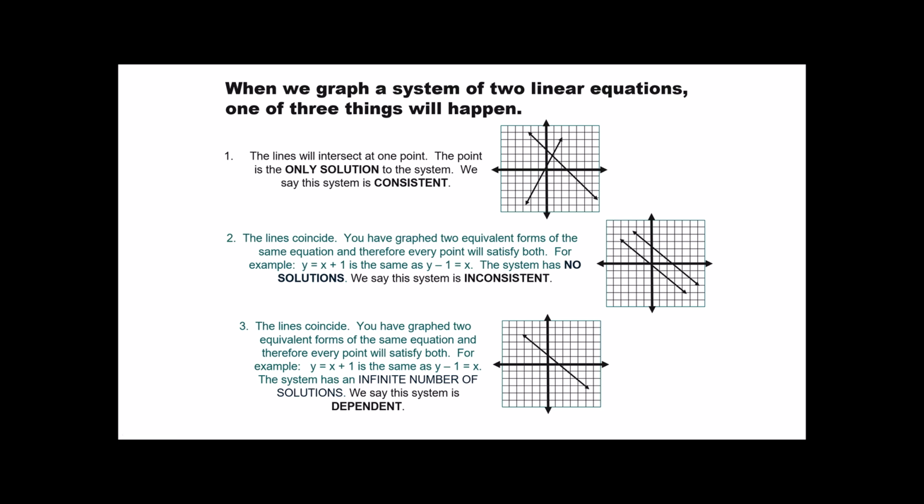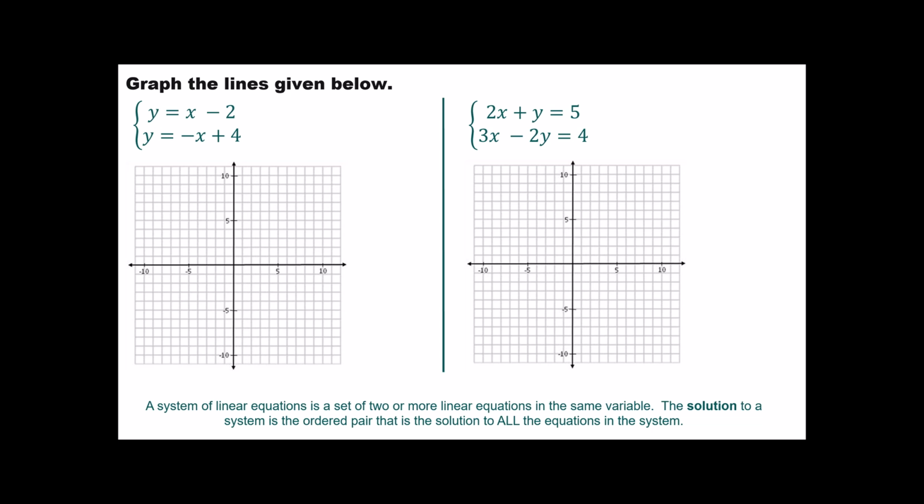Tell you what, why don't you take a second, try these sets of equations, these systems. I'm going to assume you've already done that, and I'm going to go ahead and do them for you quickly. Both of these are linear equations in slope-intercept form, meaning I have a slope, I have a y-intercept, and I can graph it.